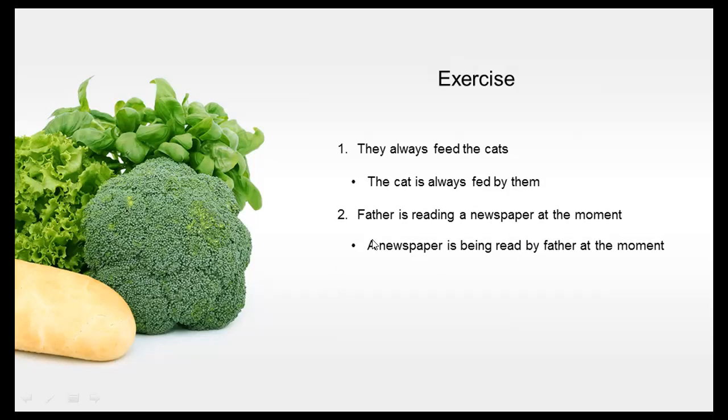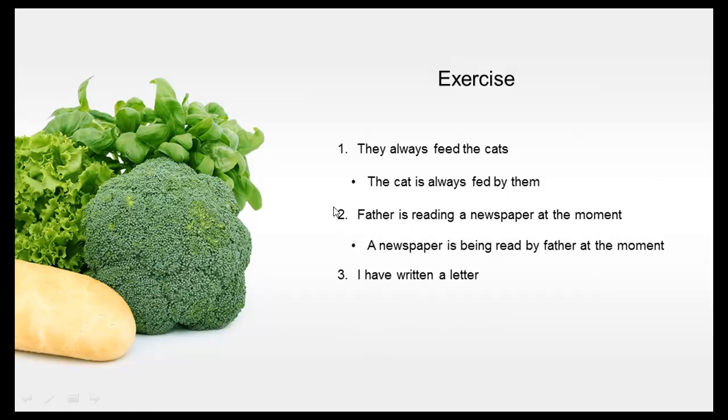Okay. And for the third exercise: I have written a letter. What kind of tense is this? The tense is present perfect tense. Because this is the present perfect tense, we must know where the object is. The object is letter.